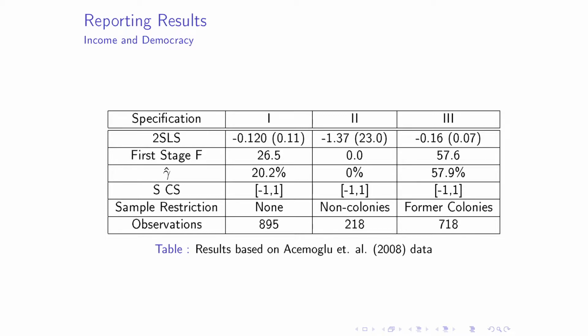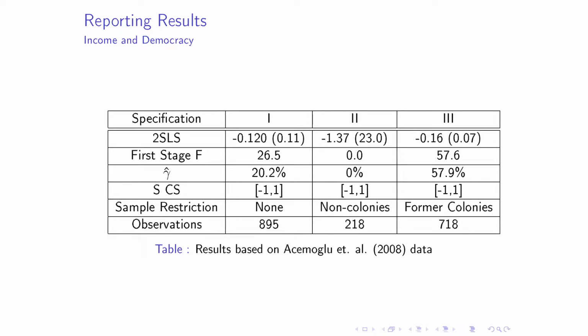On the other hand, if we look at this gamma hat that I just described, it's over 20% in the first calibration and almost 58% in the second calibration, suggesting that in this context, robust and non-robust confidence sets deliver very different answers. In particular, here the robust confidence set contains the entire interval from -1 to 1, which is where I restricted the parameter space for substantive reasons.